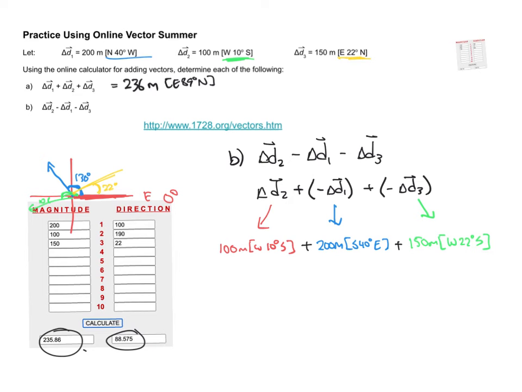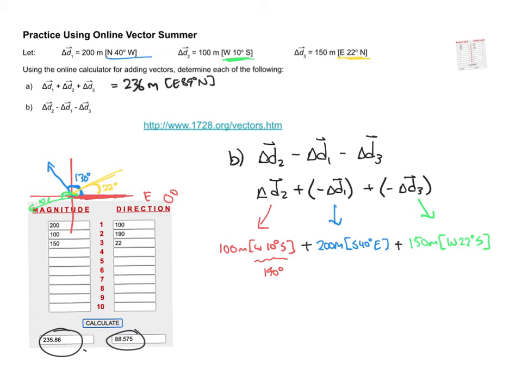So when I go to plug it into the calculator, let's see what angles I'll plug in. I'll just write those underneath. For west 10 degrees south, I am plugging in 190 degrees. That's because west is 180 degrees, and then go 10 more counterclockwise to get to 190.